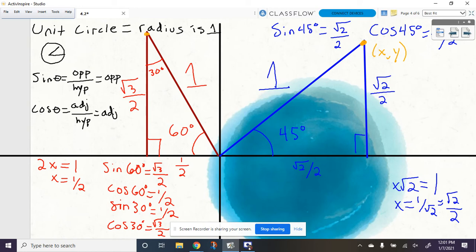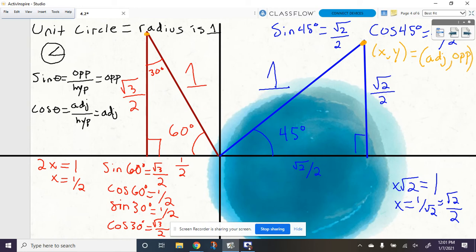It's your adjacent. Agreed? So we can also rewrite this point as adjacent, comma, well, then my height leg, I'm going up and down, would be my Y value, and that would give me my opposite side.